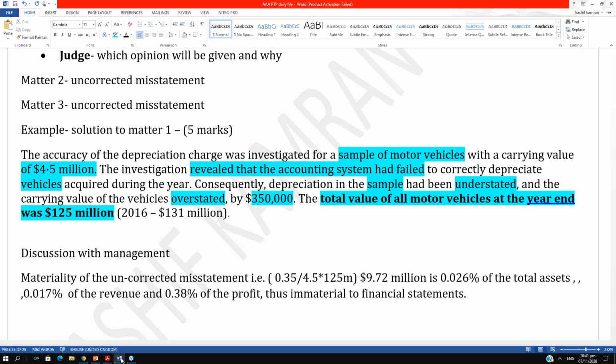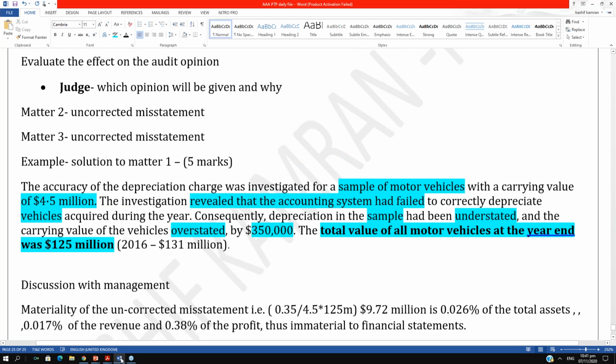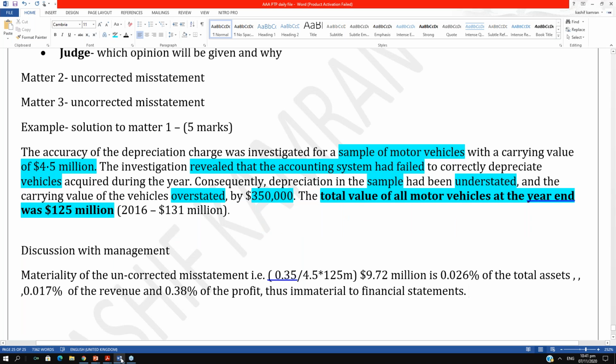So have we concluded on the materiality of the uncorrected misstatement, right? Whenever we investigate a sample, we extrapolate the sample to the overall population.